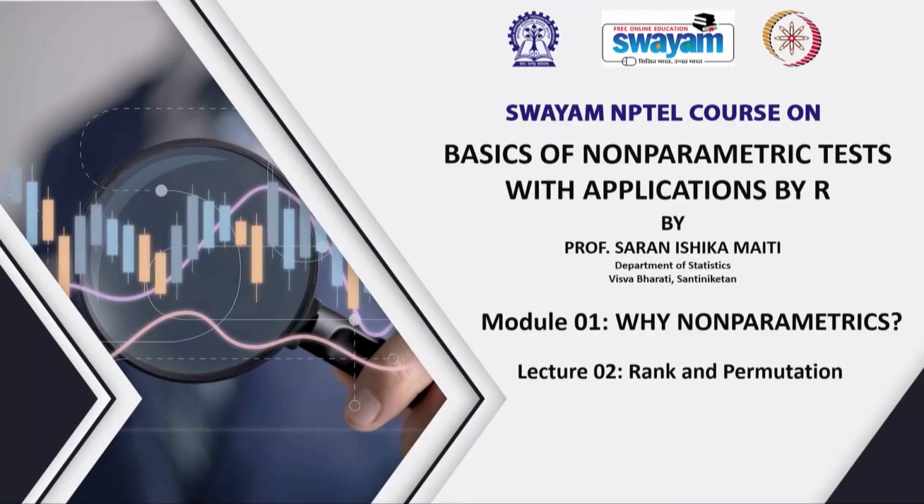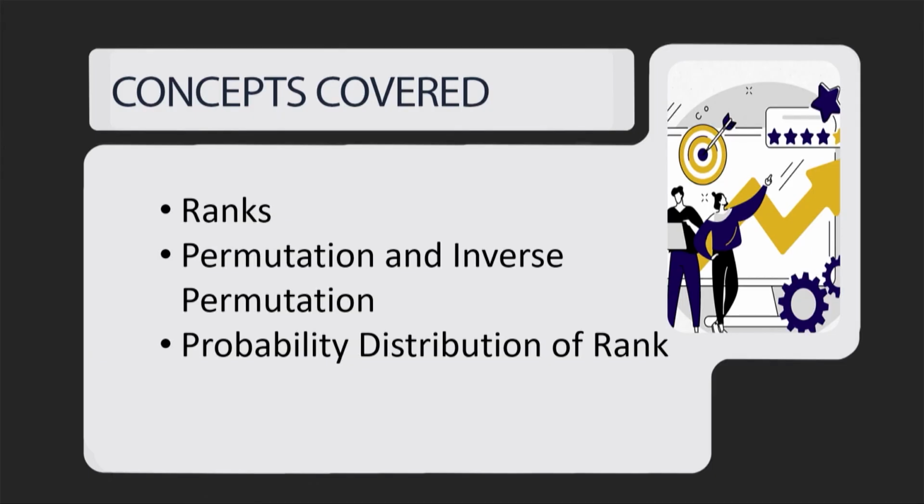So this lecture will explain what is meant by rank statistic. For this lecture 2, our primary concern is to learn rank and permutation. The concepts covered in this lecture are ranks, permutation and inverse permutation, and probability distribution of rank.